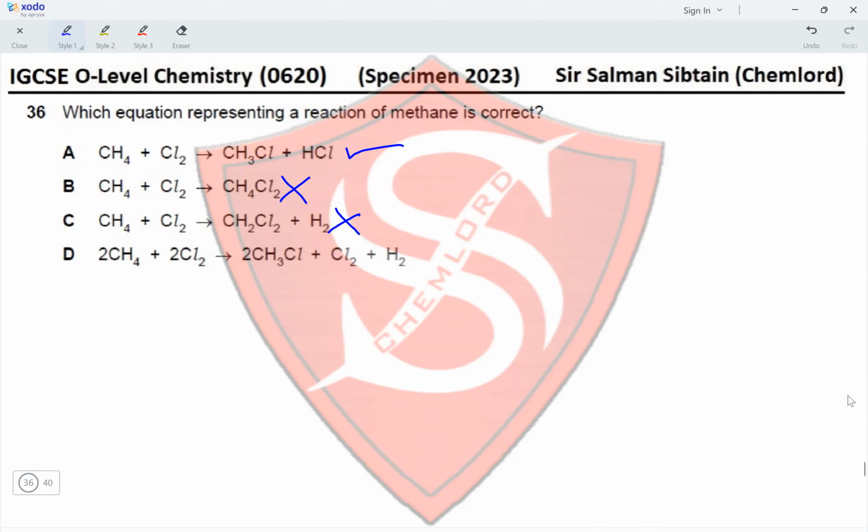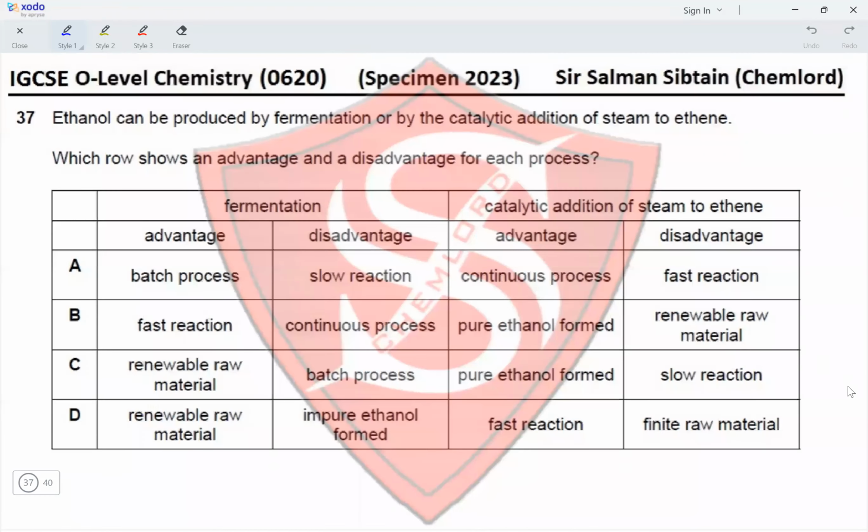No, HCl would be produced, not hydrogen gas. And we've got methane reacting with chlorine, producing chloromethane, chlorine and hydrogen. No, hydrogen chloride, HCl would be produced, not chlorine and hydrogen gases separately. So this makes option A the correct option for this question.